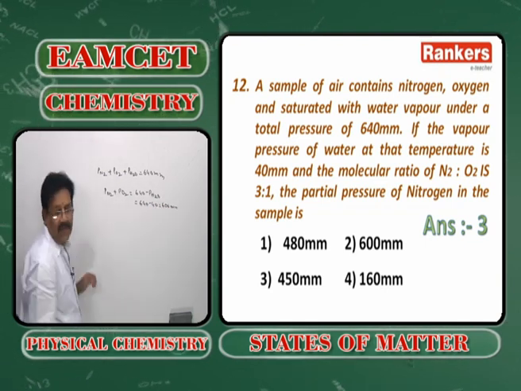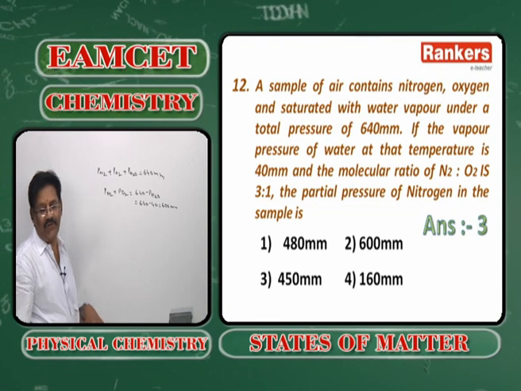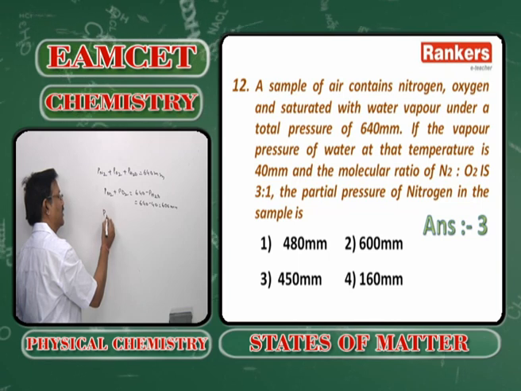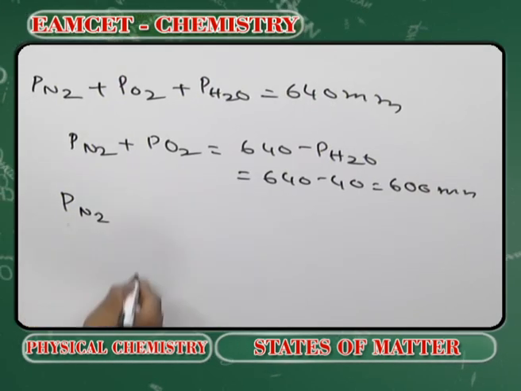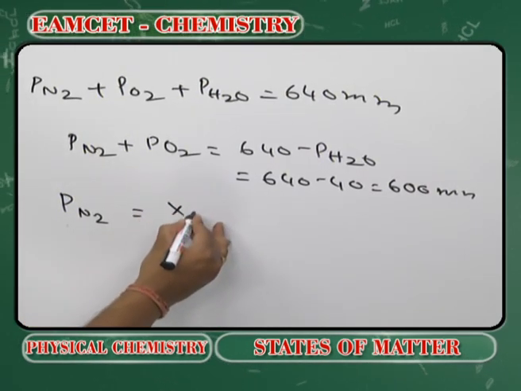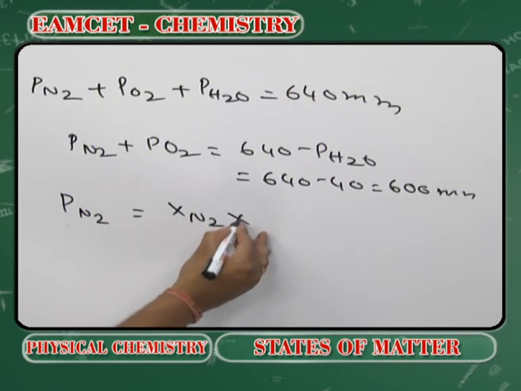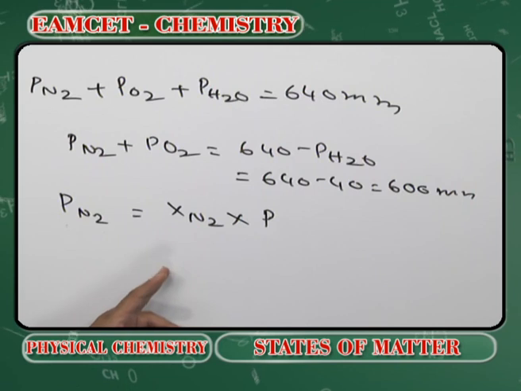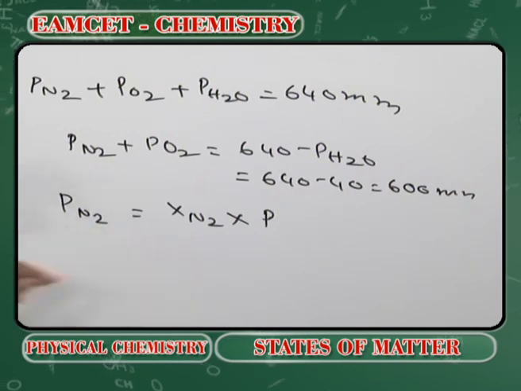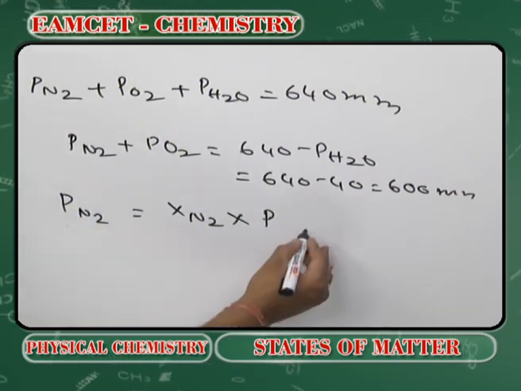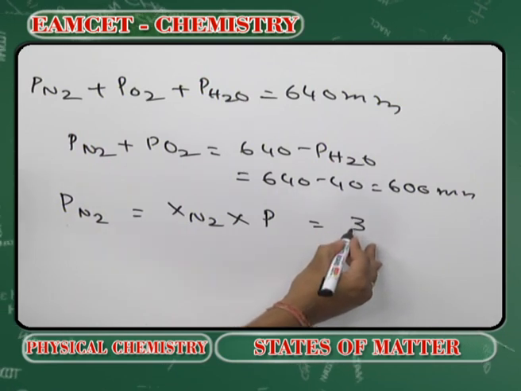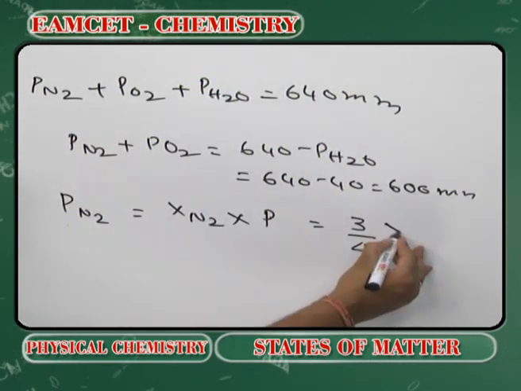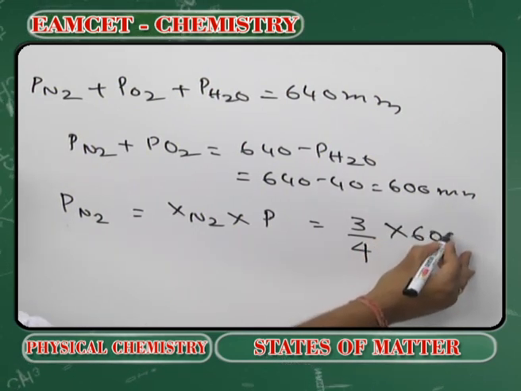600 mm. So what is the mole ratio? 3:1. So partial pressure due to nitrogen is equal to mole fraction of nitrogen into total pressure. How to get the mole fraction of the nitrogen? Since mole ratio is 3:1, mole fraction of the nitrogen is 3/4, and the total pressure is 600.